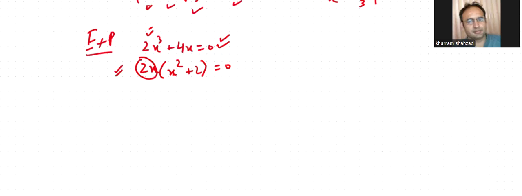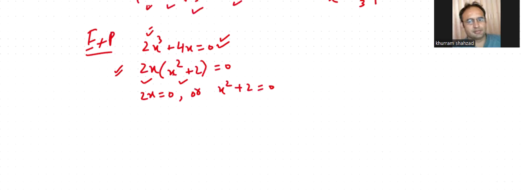So now, what is the zero product property? Zero product property says that if the product of these two, 2x and x squared plus 2, is equal to 0, then at least one of them should be equal to 0. Since we don't know the value of x, we will write 2x equals 0 or x squared plus 2 equals 0. It is good to write the 'or' sign between them.